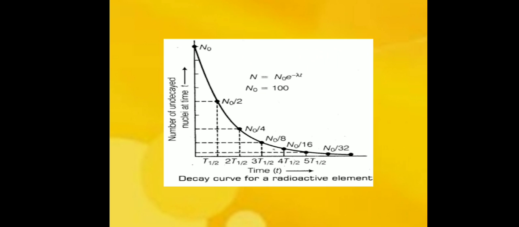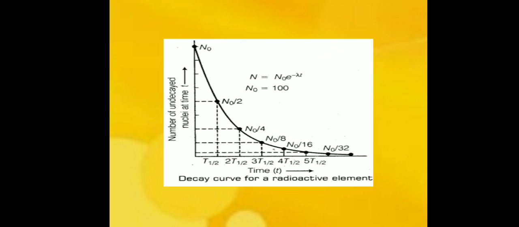Now here a graphical representation of the decay of a radioactive substance is shown. On the y-axis you can see the number of undecayed nuclei at a time, and on the x-axis time is given. So we can start from N0. As T half passes, it suddenly falls. For the first half-life, the radioactive disintegration process is fast.